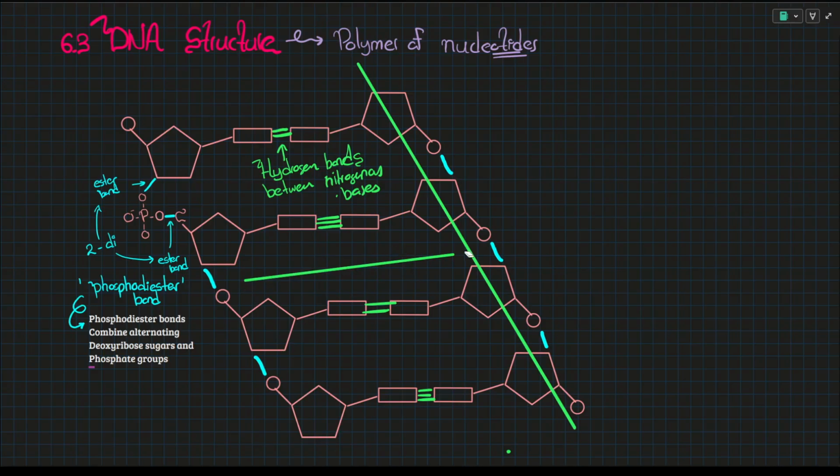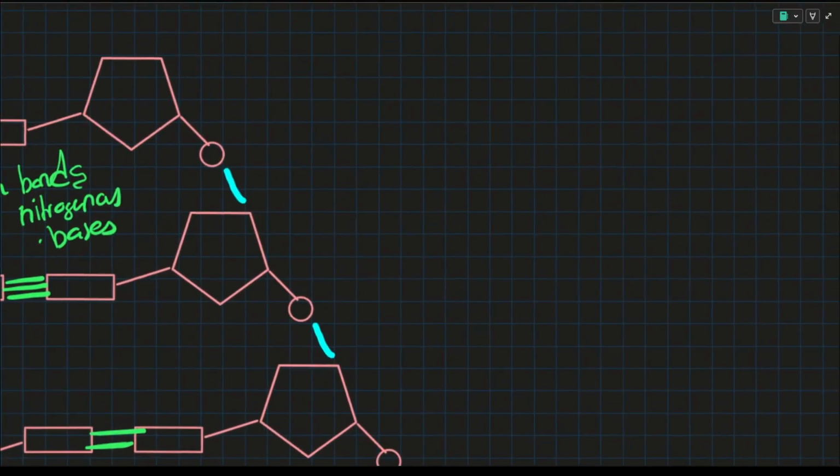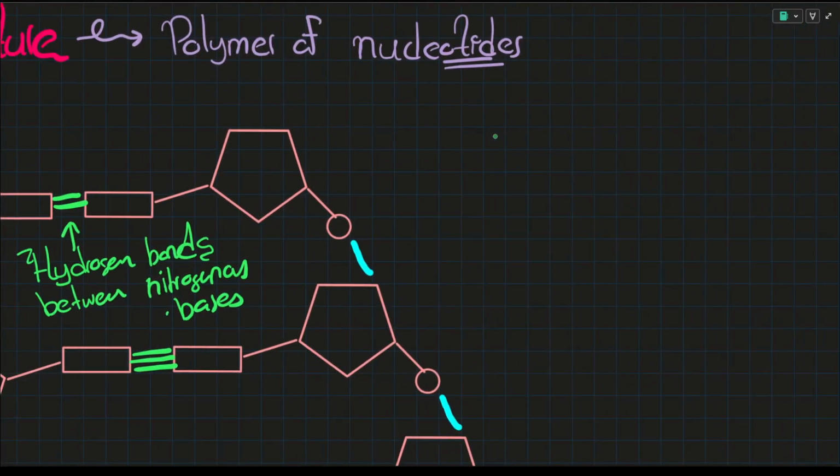So they are equally as important, the hydrogen bonds. I told you they are a weak type of bonding, but just because they're weak doesn't mean they're not important. They are very important. And this hydrogen bonding happens in a complementary manner. We call this the theory of complementary base pairing.